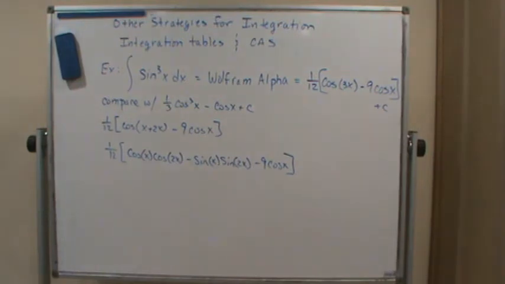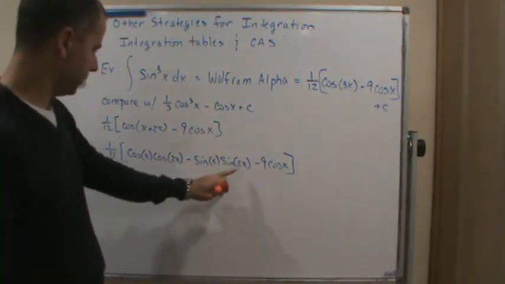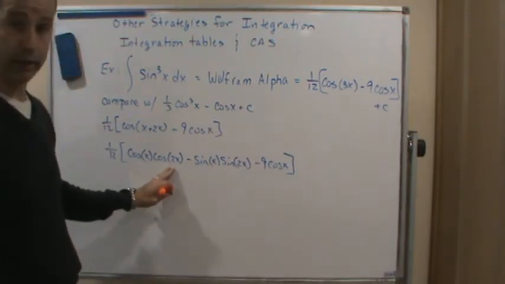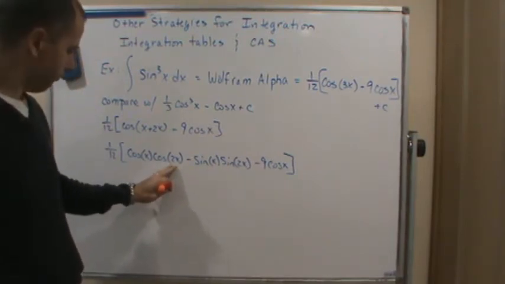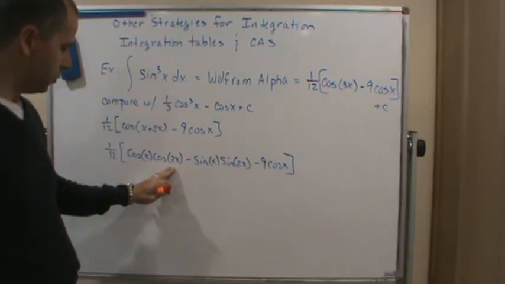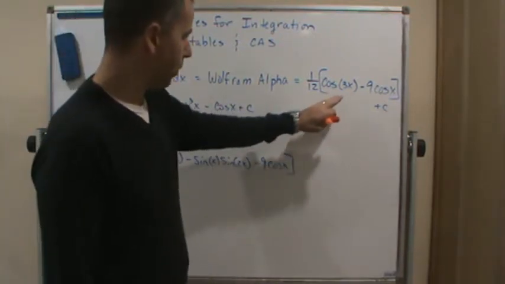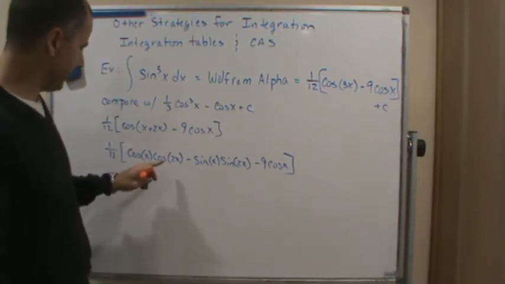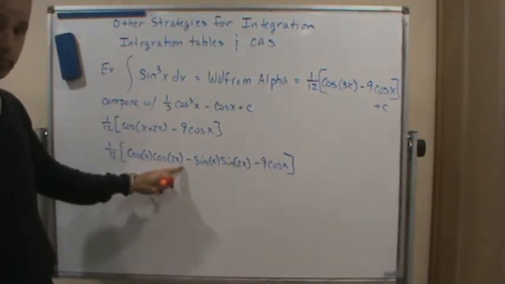Now what I'm going to do is I'm going to use the identities that involve double angles, okay, for cosine and for sine. Now there's more than one identity that you can use for this, but again, we're trying to get to this, cosine cubed. So I need to get cosine squared in here.